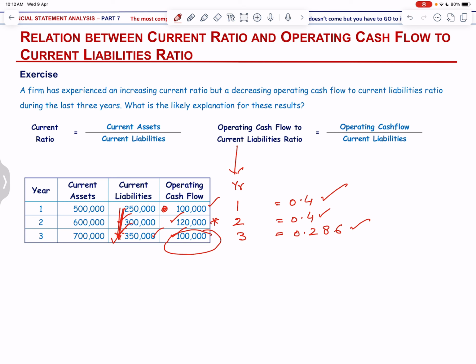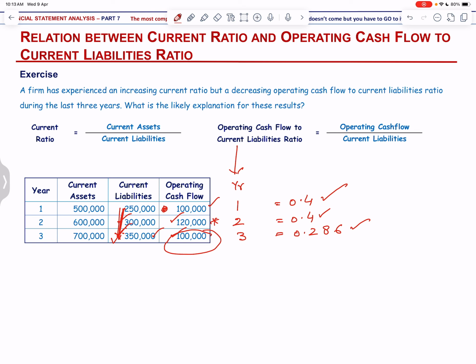So to conclude, the current ratio can be increasing if the firm is accumulating more short-term assets like cash or receivables, or increasing credit from suppliers. However, the operating cash flow to current liabilities is decreasing because the operating cash flow is not growing enough to cover the increasing short term obligations.